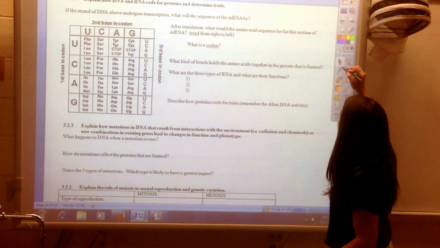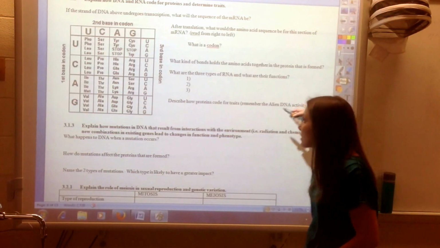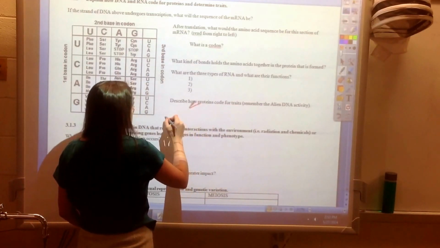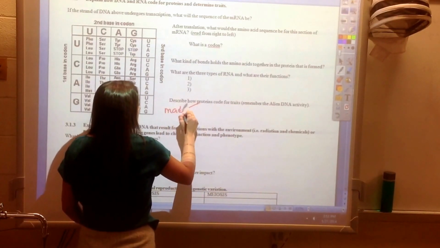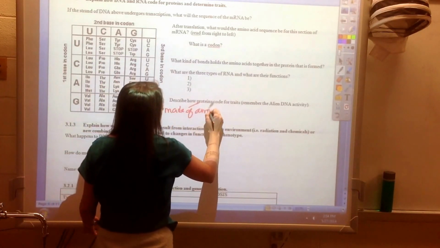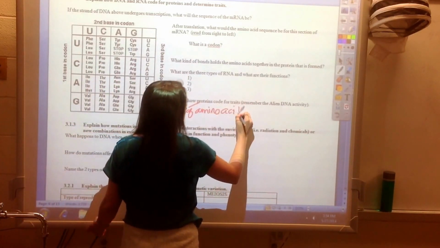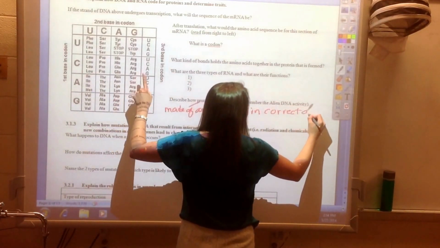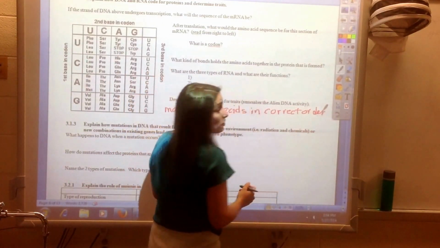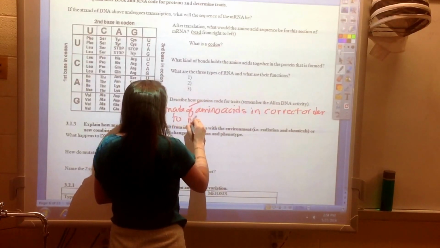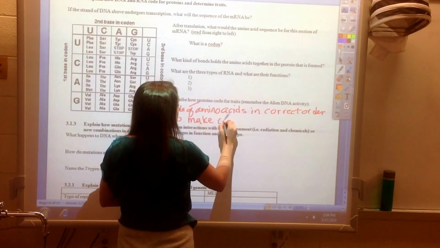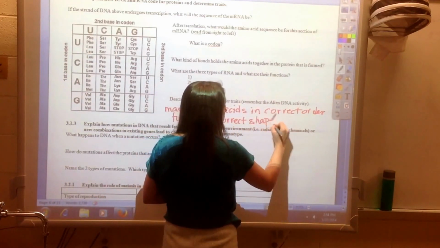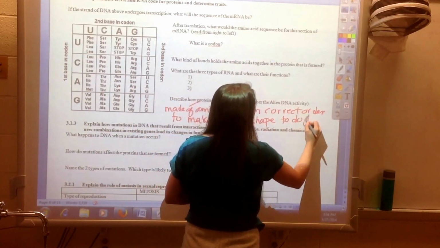Describe how the proteins code for traits. Remember, proteins are going to be made of amino acids in the correct order. We have to get those amino acids in the correct order to make the correct shape to do the job.